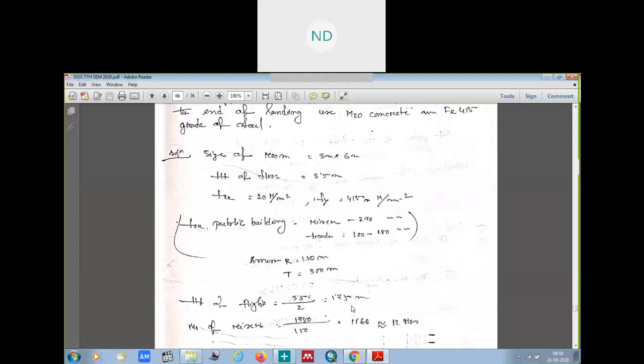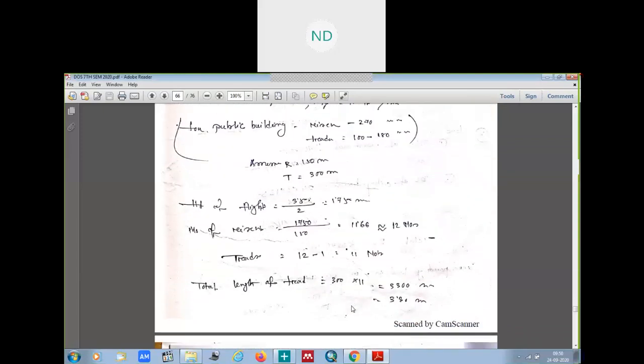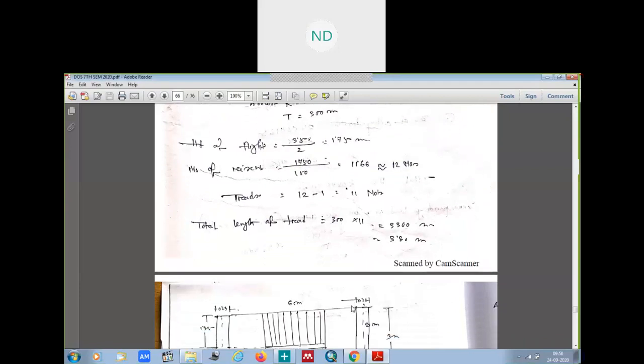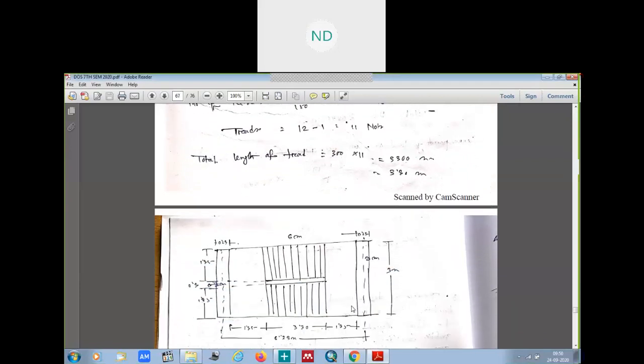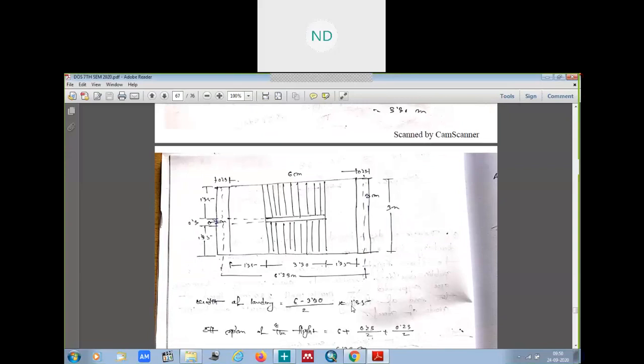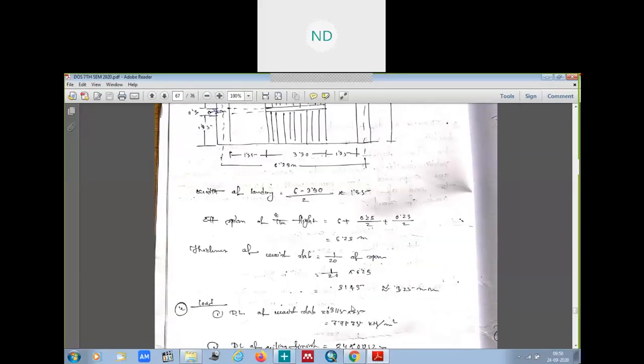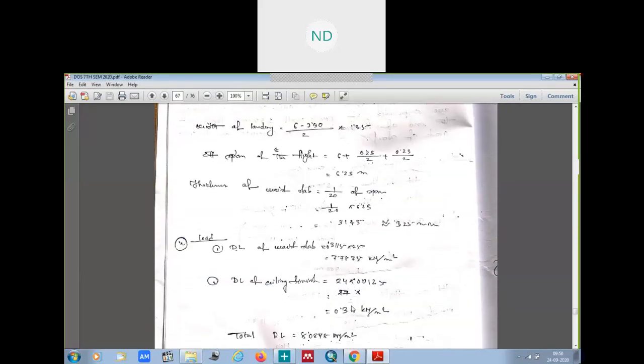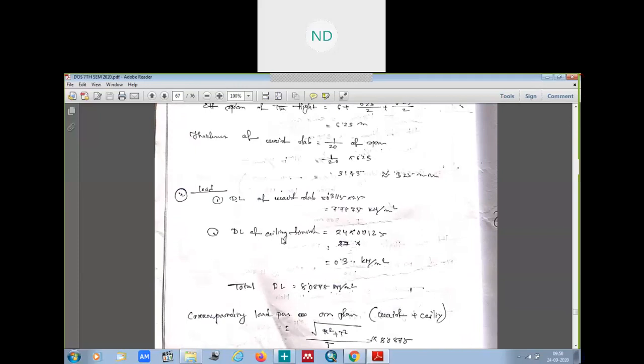Now we know that the load on the stair consists of the dead weight of the waist slab and also the dead weight of the steps. The dead weight per unit area is first calculated at right angles to the slope of the waist slab. First calculate the dead load of the waist slab.